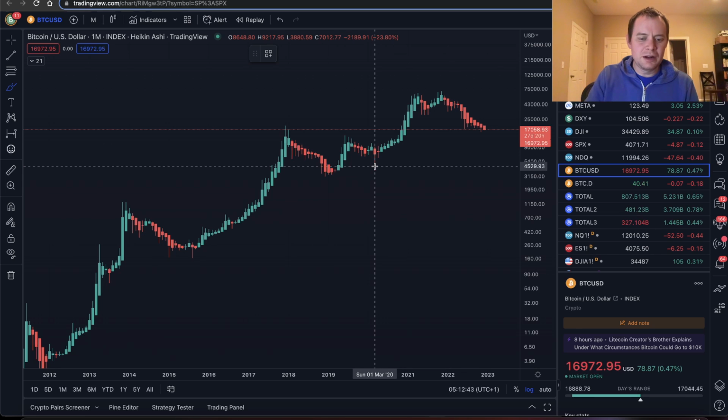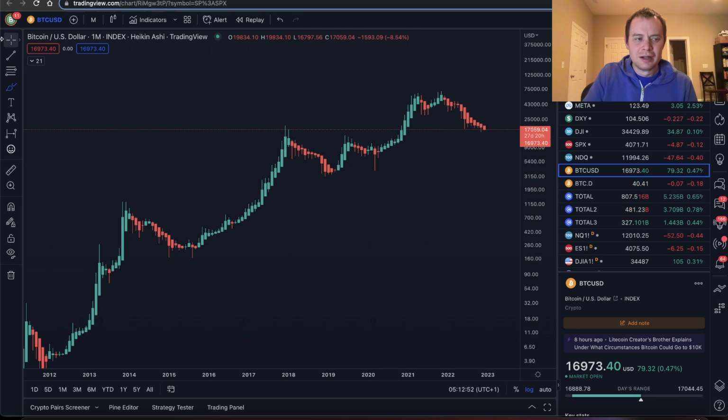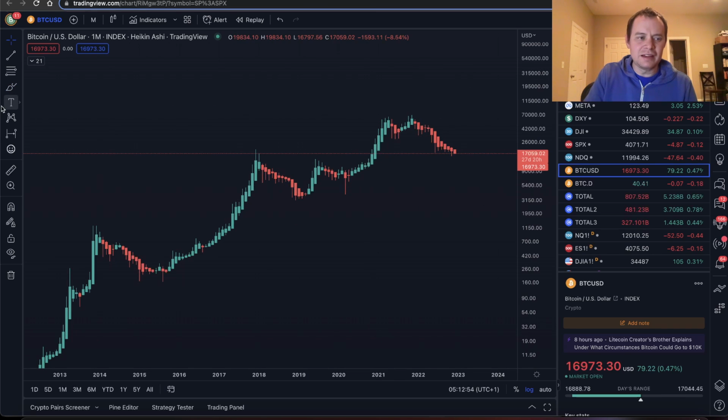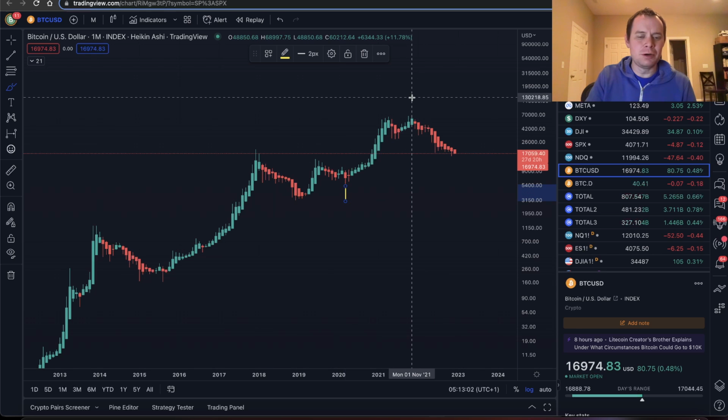This is a thought exercise I think about sometimes, right? If Bitcoin had put in a new low in March of 2020, let's say it had gone down to lower than $3,000, let's just say it wicked down just a bit lower, and then it had the same bull run.